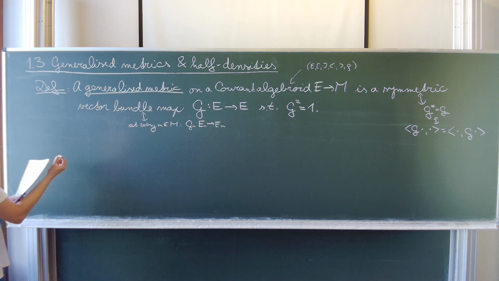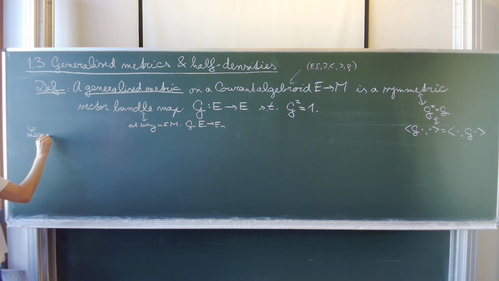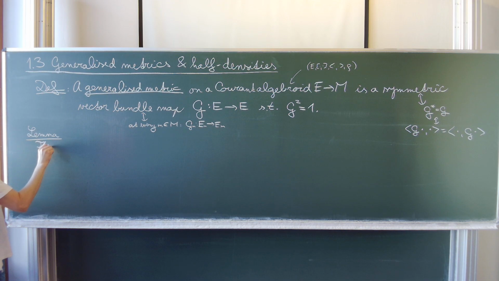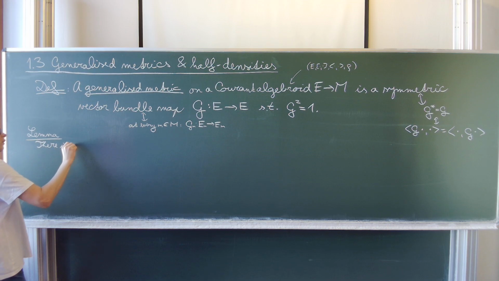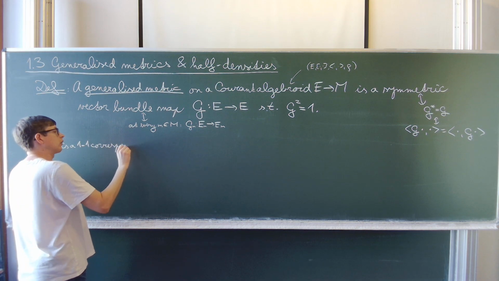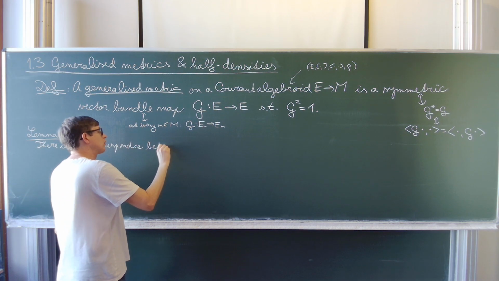And maybe actually right now, let me state the lemma. Okay, not right now, in a moment. First, there is a lemma. It says that there is a one-to-one correspondence. I want to rephrase this somewhat differently.